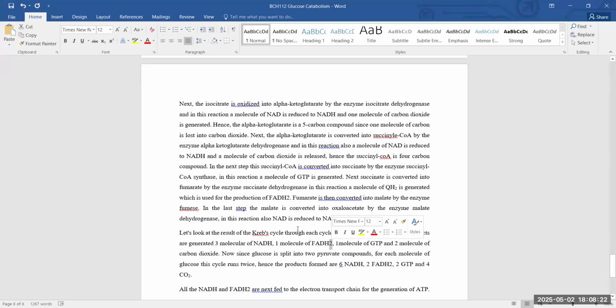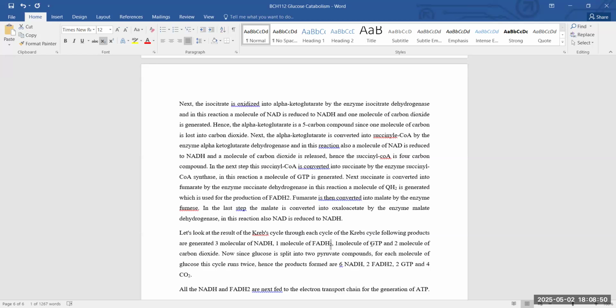Remember last time I said GTP is an isomer of ATP. GTP means guanosine triphosphate. Just like we have adenosine triphosphate as ATP, we also have GTP. GTP is also an energy-rich compound, just like ATP, but it cannot be utilized by the body until it's converted to ATP, because GTP and ATP are isomers.